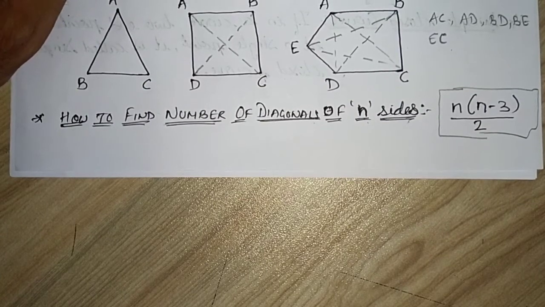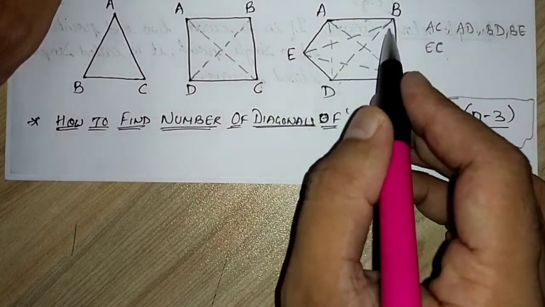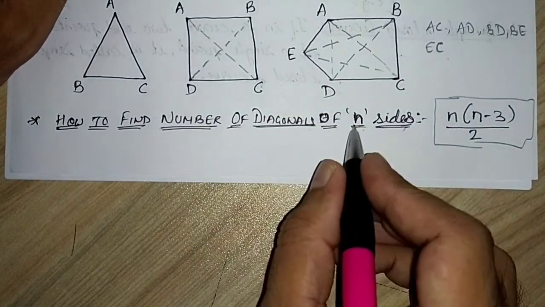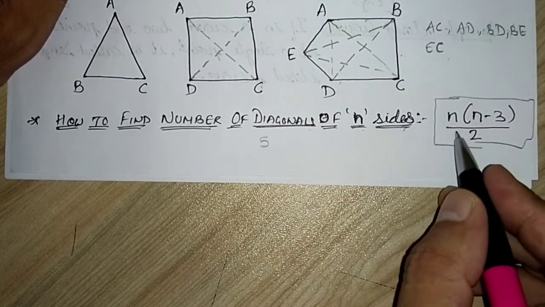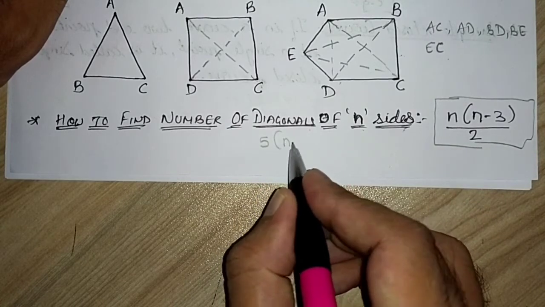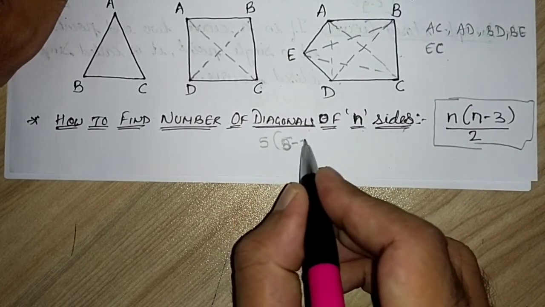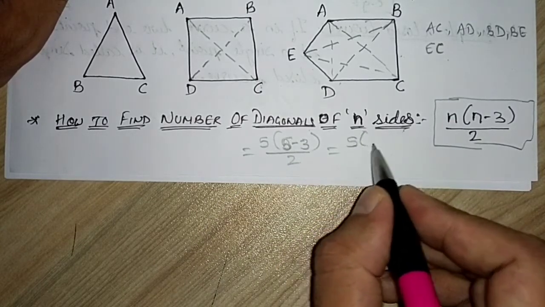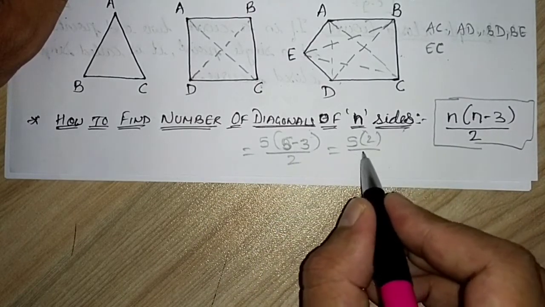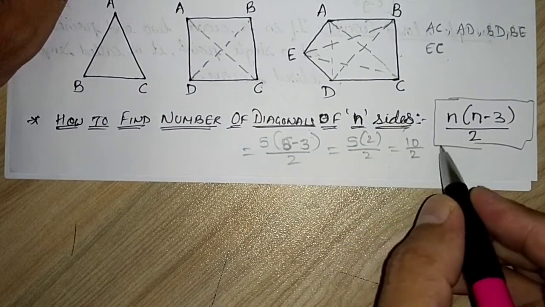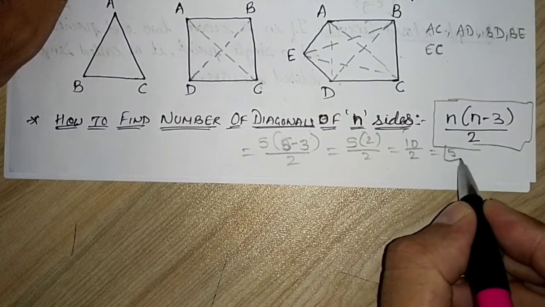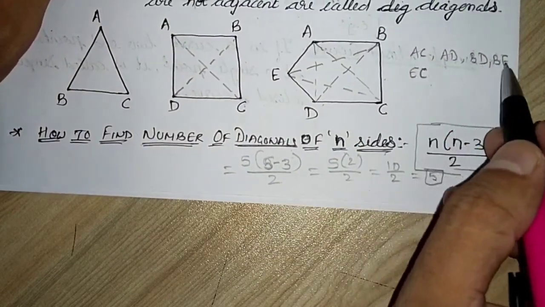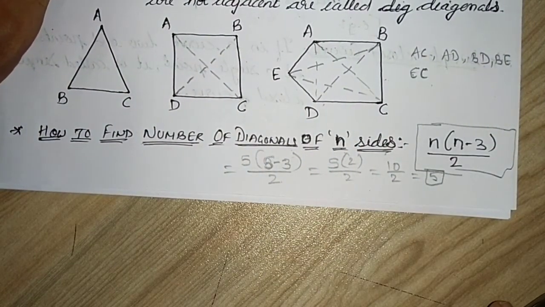If it has 5 sides, 1 2 3 4 5 sides, so instead of n I will write 5. So 5 multiplied by 5 minus 3, divided by 2. 5 minus 3 is 2, so 5 times 2 is 10, divided by 2 is equal to 5. 5 diagonals will be there for a pentagon, and you can see 1 2 3 4 and 5 diagonals are there.